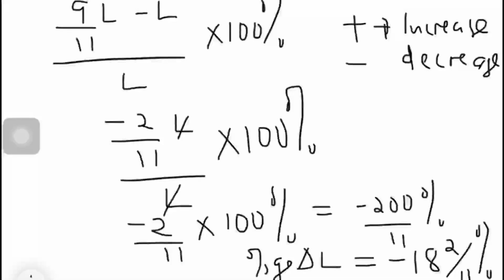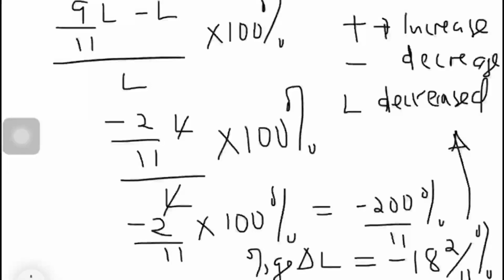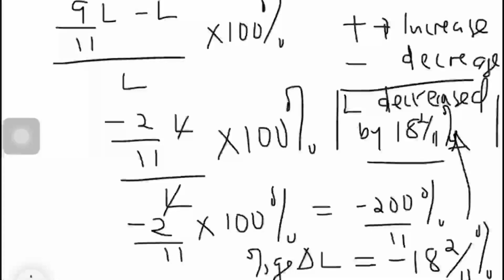So this means our L decreased by 18 2 over 11%, and that's your answer.